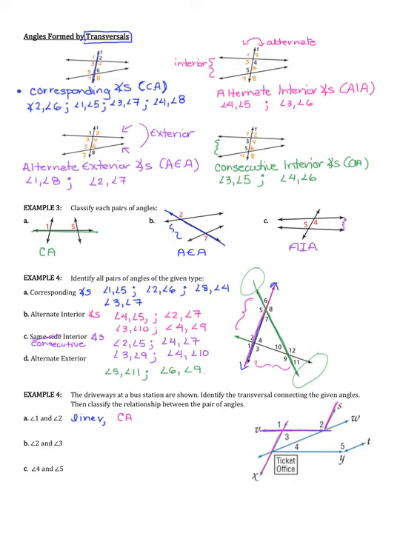I guess I didn't need to do that erasing. We notice that angle 2 and 3 share a transversal again of line V. And they're on alternating sides of it, and they are both interior to the given lines that make them up, so that makes them alternate interior angles.